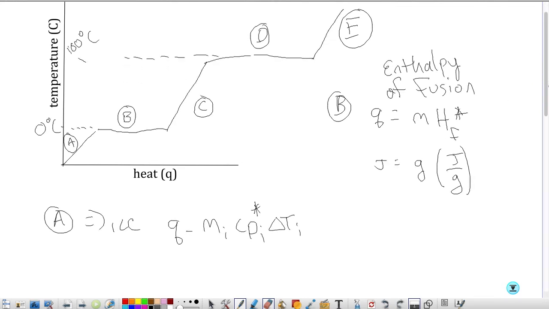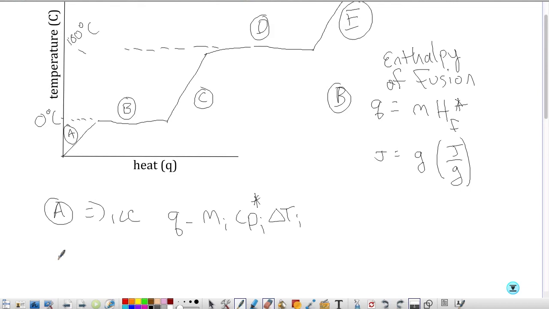Now we're back to region C, and now we've got liquid water. And when I add heat, I get a corresponding temperature change, and they're directly proportional.